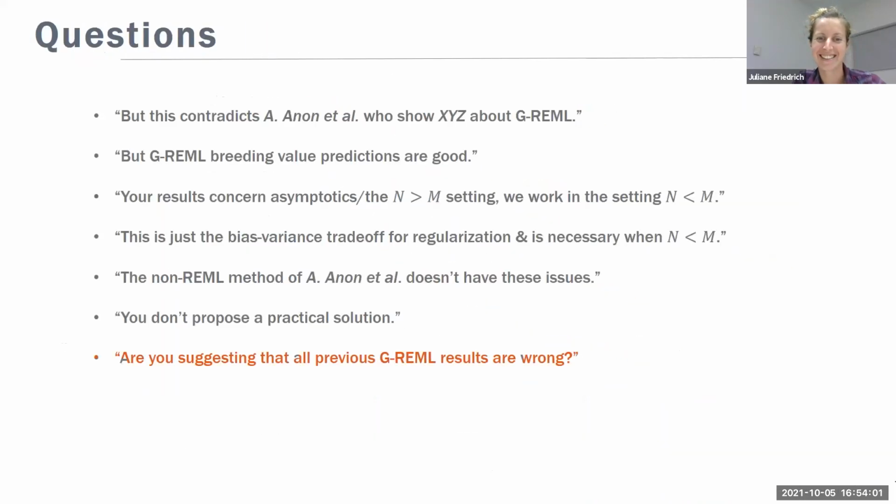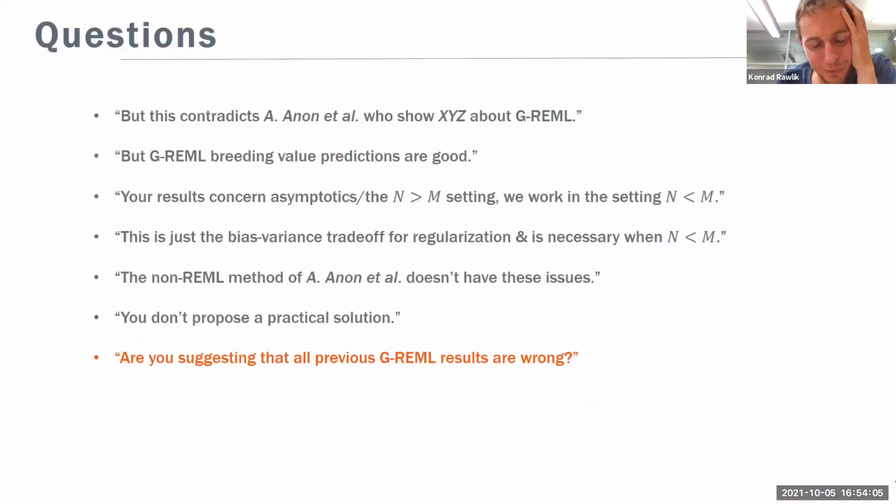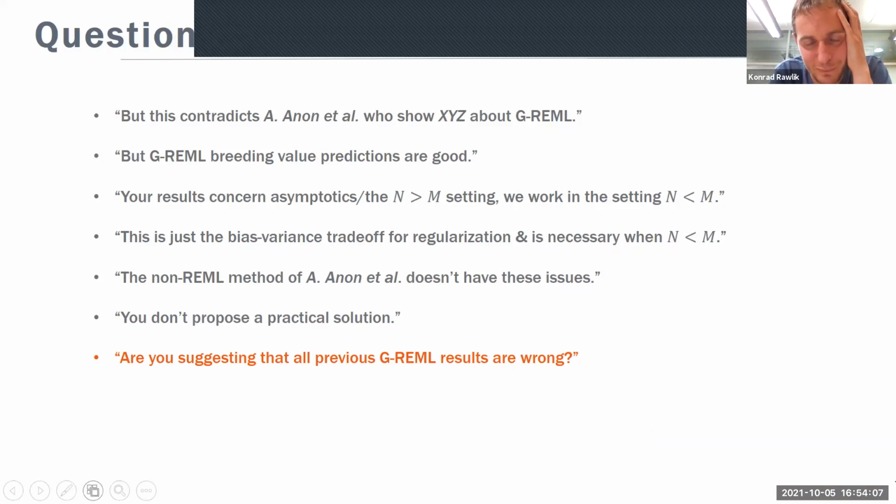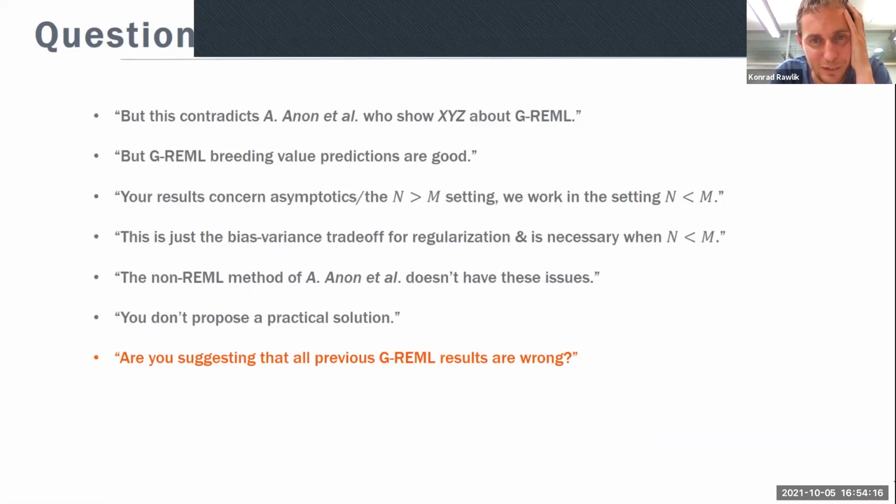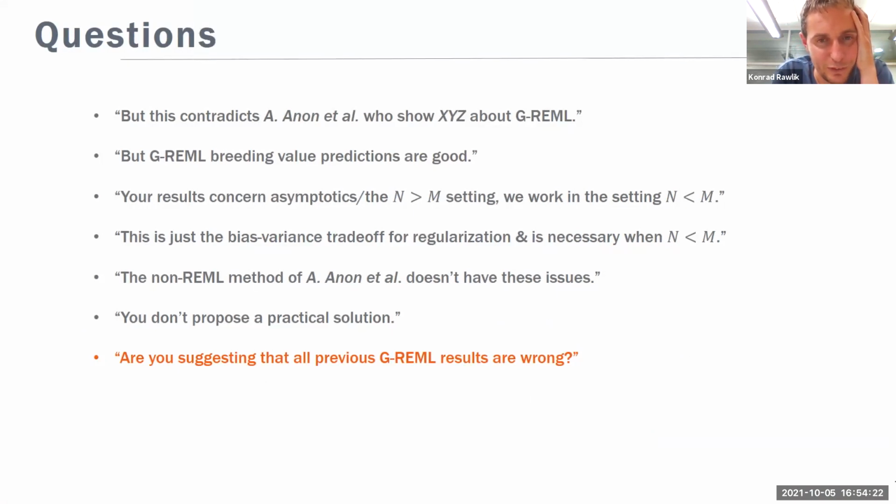I'm not proposing a practical solution. This is not a new method to compute heritability estimates. It's an explanation of what happens in other methods which have already been proposed. So I have no proposal for how to compute heritability estimates with more individuals or more markers.